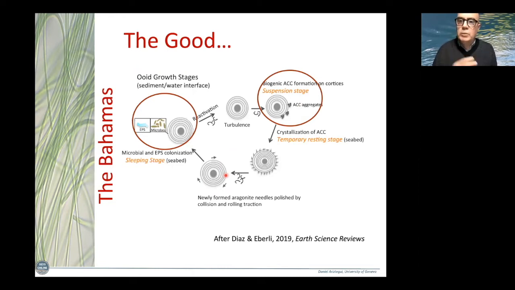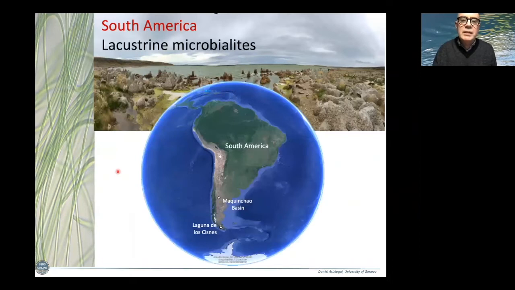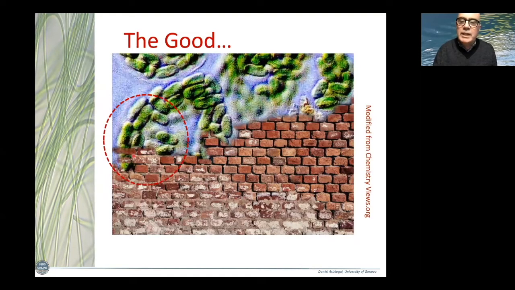But what we want to show here is that these guys are the good ones because they are in this part of our world in which they are building up our carbonate world. So these are the good ones, and in this case it's easy to identify them.